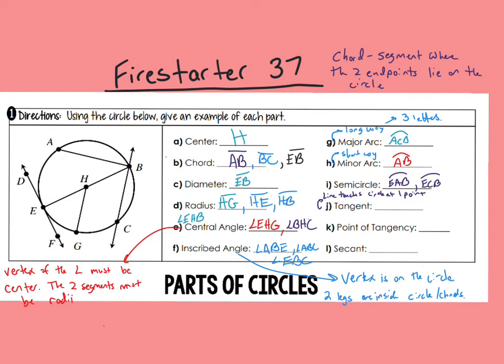So like this line right here, that line touches at E. There's a bunch of properties with tangents, and you use a lot in trigonometry and stuff like that. So I'm going to say DF. Make sure it's going to be a line, so I put the line symbol on top. The point of tangency is just the point that it touches. So that's E.